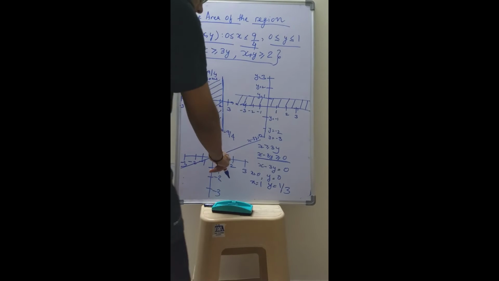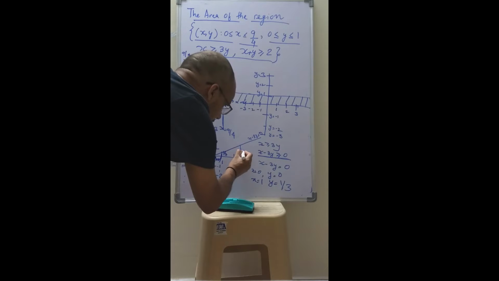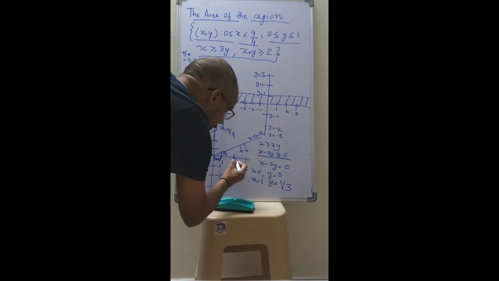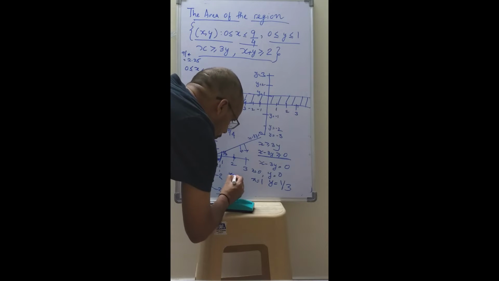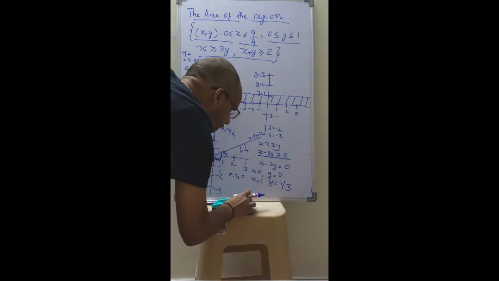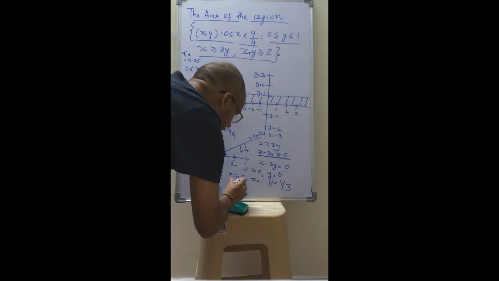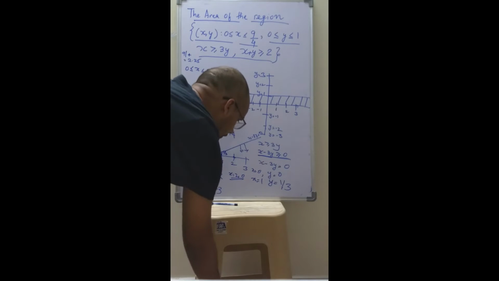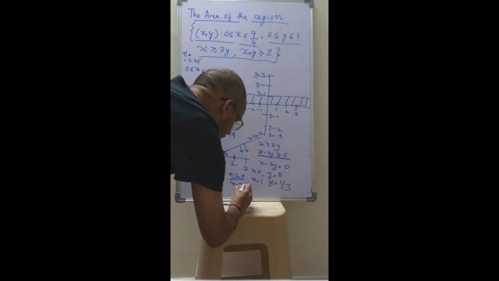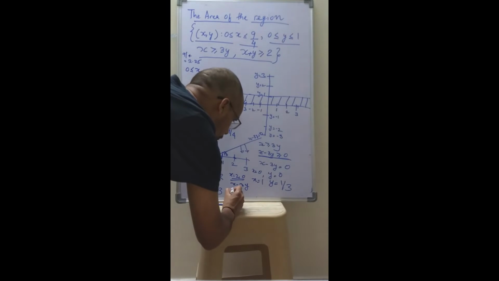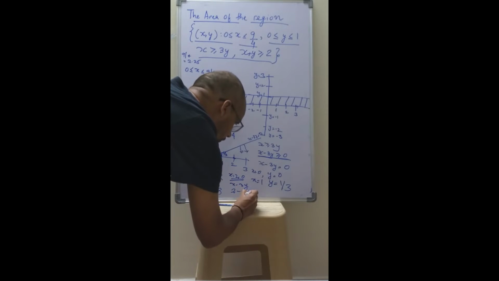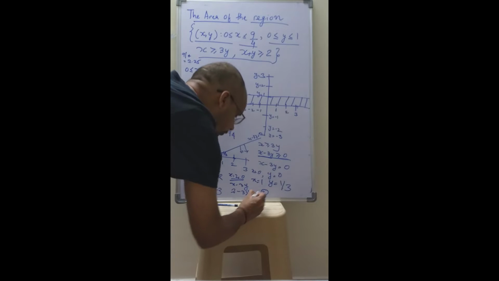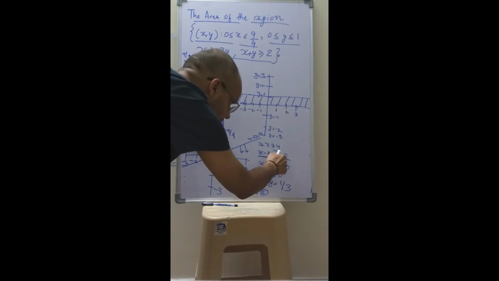So for example, what point can we take from this area? One is 2 comma 0, right? x is equal to 2 and y is equal to 0. Let's put this value in your equation x minus 3y. You put x is equal to 2, minus 3, y is equal to 0. The value remains 2, and that is greater than 0, right?